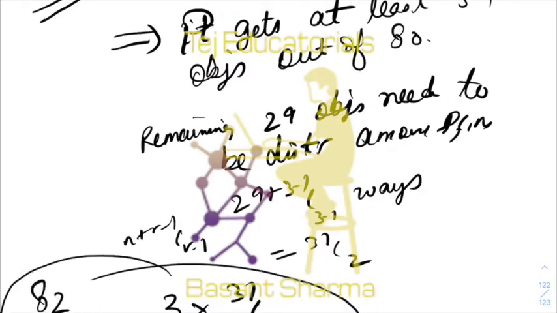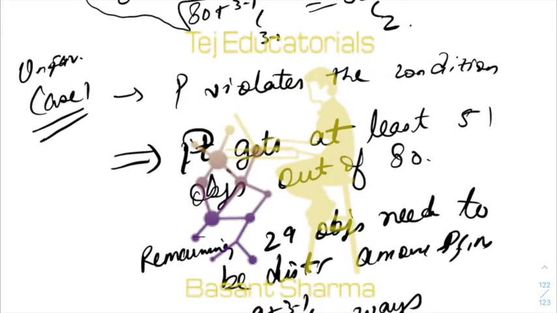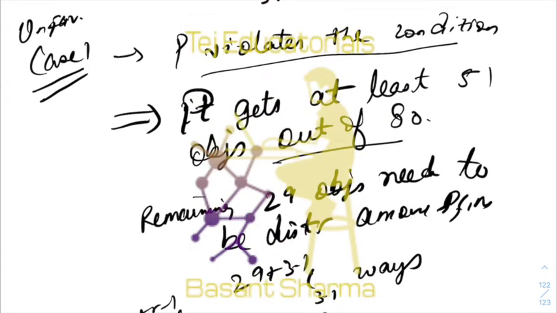This you subtract from 82 C2. This is your answer. Now the important thing to note here is that there is one simplification that helped us. That simplification was that when I said that P violates the condition, then I gave 51 objects out of 80 to P. Then, when I was distributing the remaining 29 objects, it so happened that chemistry and maths did not violate the condition simultaneously.